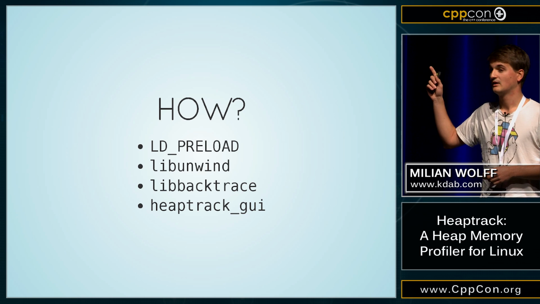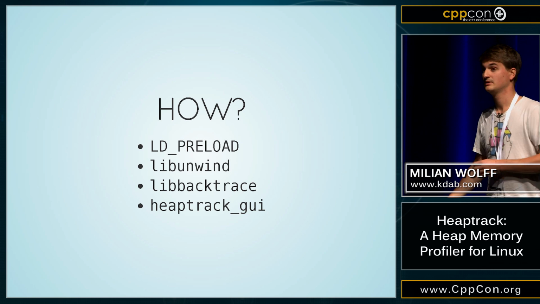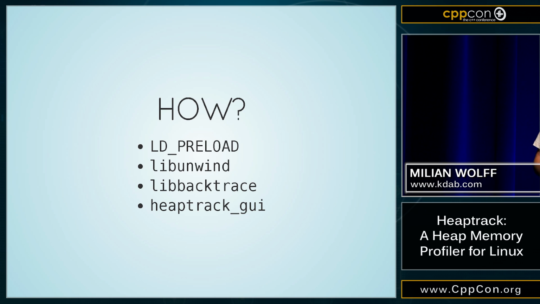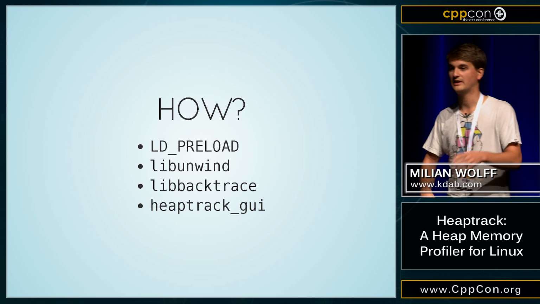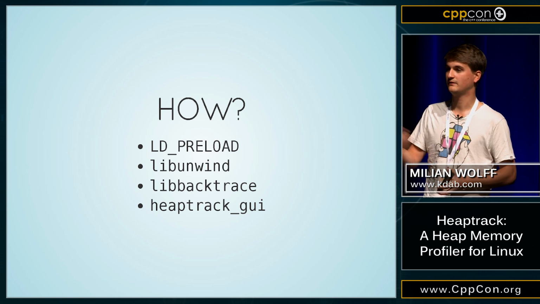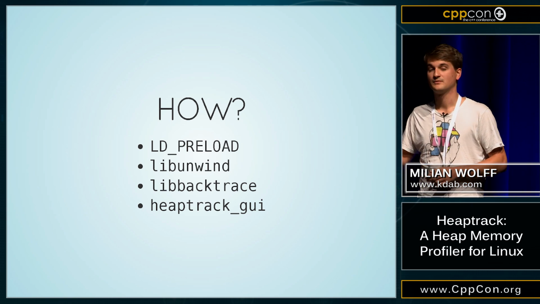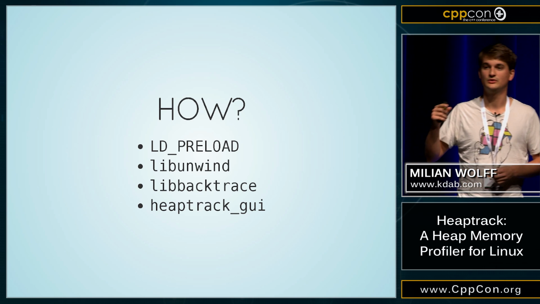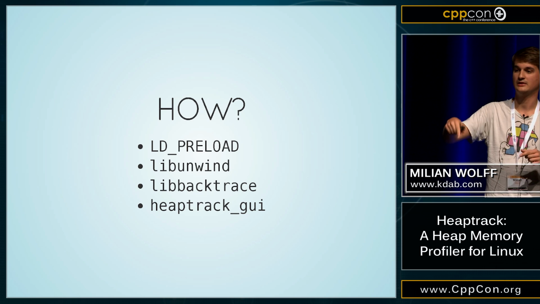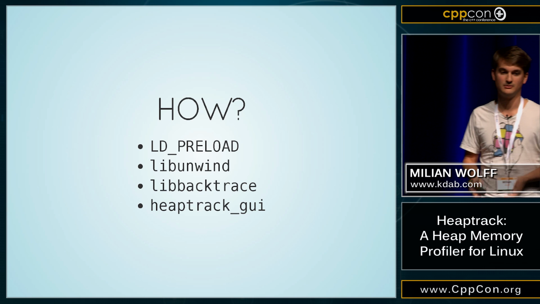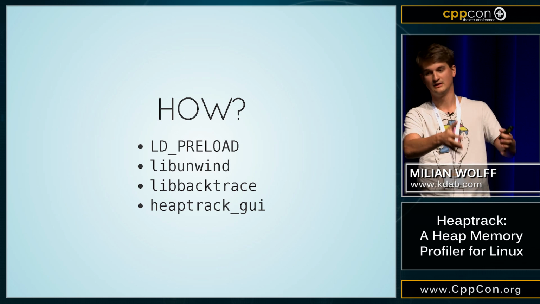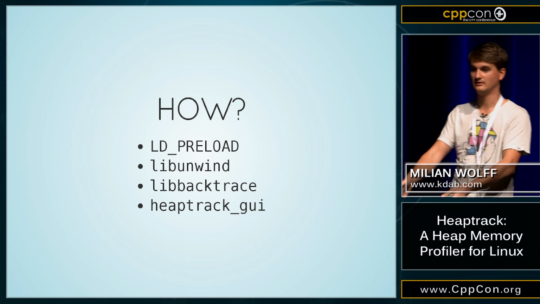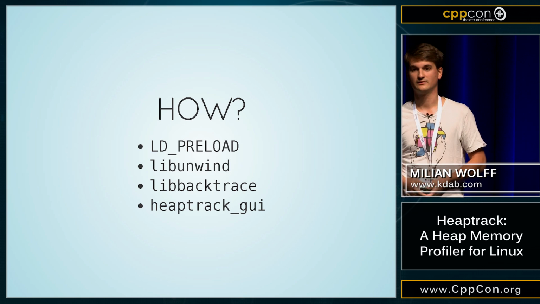So the first trick that is Linux specific is the LD_PRELOAD trick. So you can just inject arbitrary code into your application before you start it. Heaptrack also allows you to runtime attach to an application that is running, something that Massif is not able to do because it cannot magically take the executable, inject it into the VM and then run from there, right?